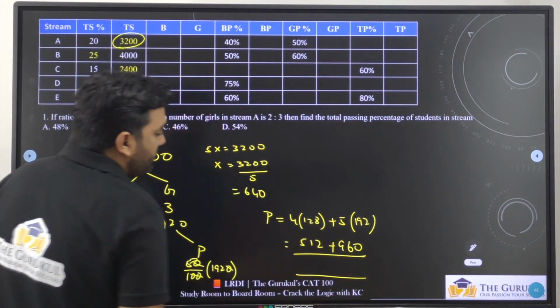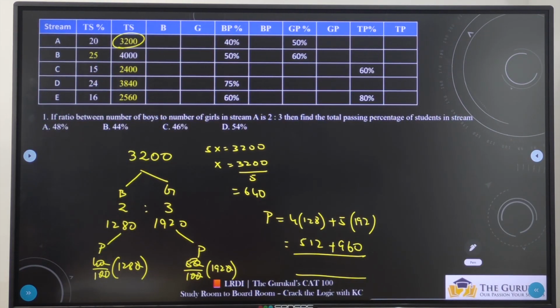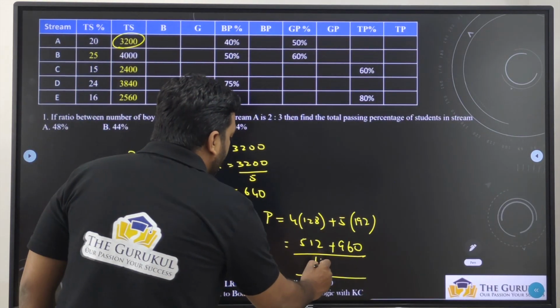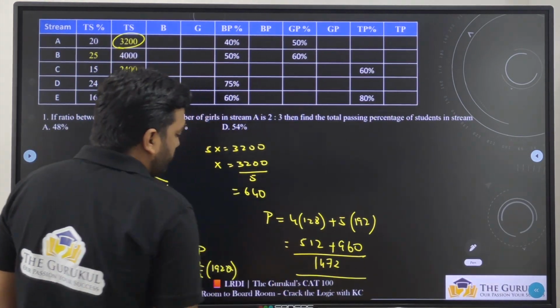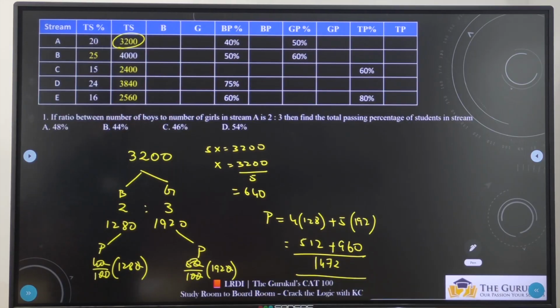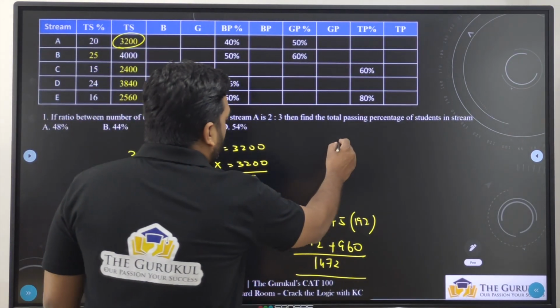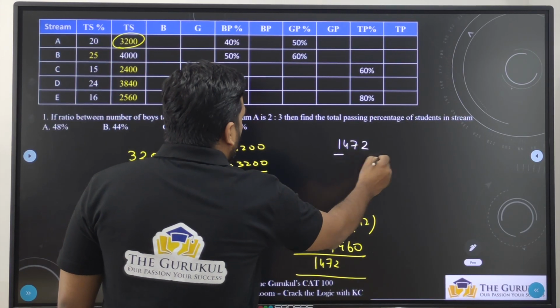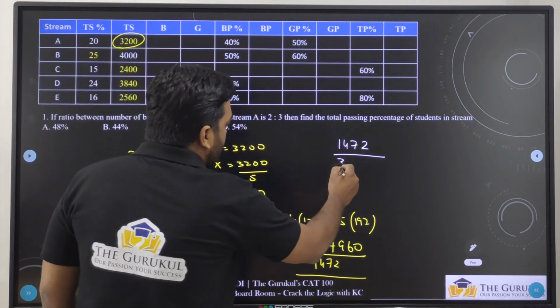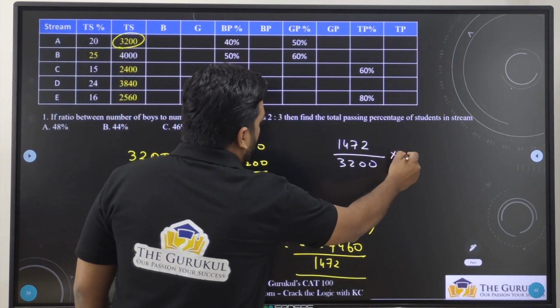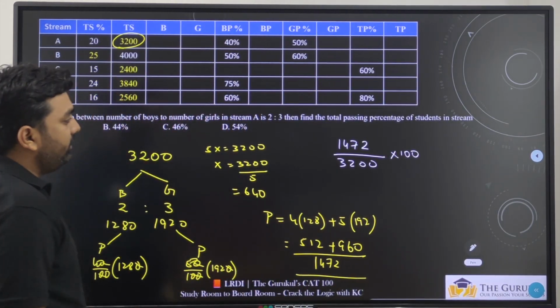So how many students are passing the examination in total? In total, there are 1472 people who are passing the exam. But they are not asking how many people are passing the exam. They are asking us the percentage. So 1472 out of the total people, that is 3200, and we want the percentage, so we multiply by 100.